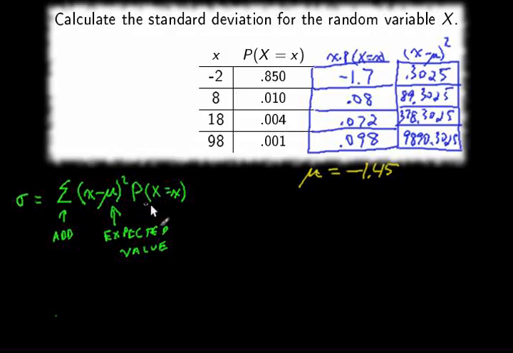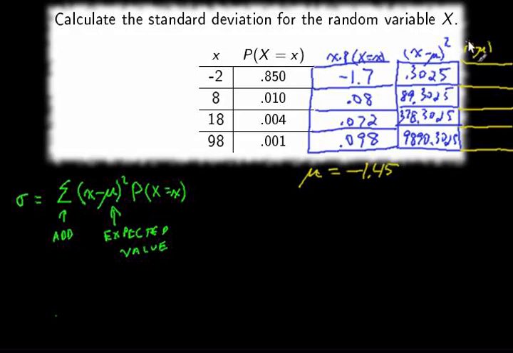Now we need to multiply those numbers by their probabilities. So we're going to add one more column to the table. And we'll put in here this guy times this guy. So I'm going to have to abbreviate.